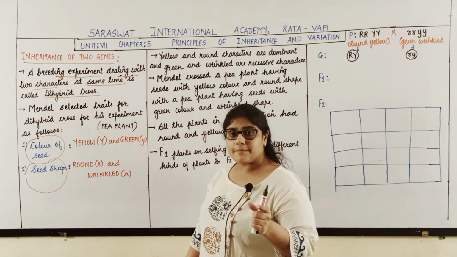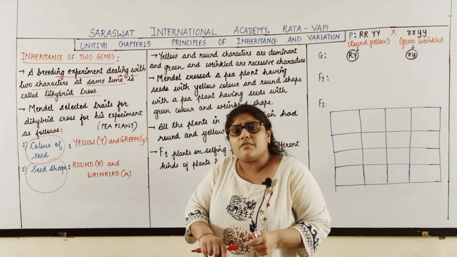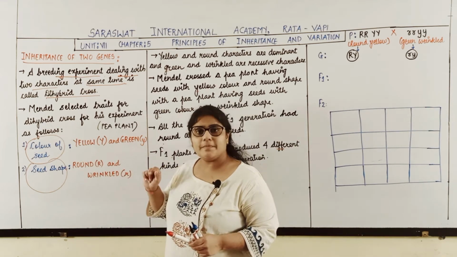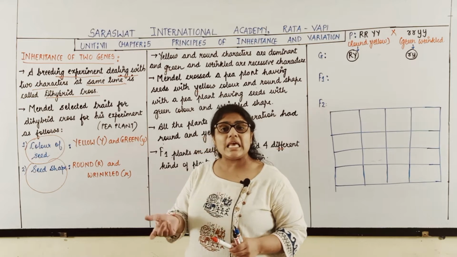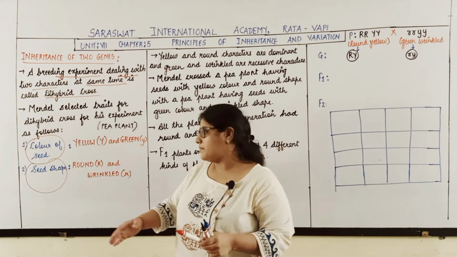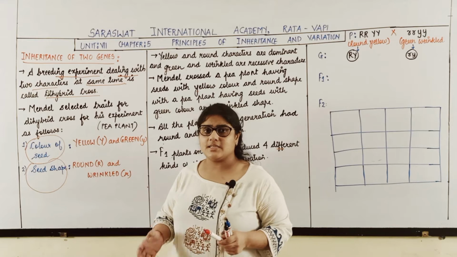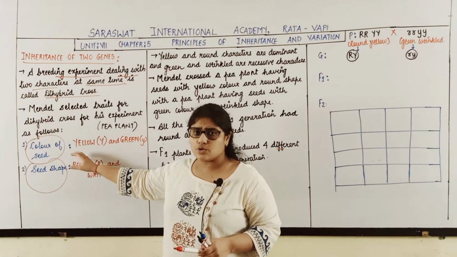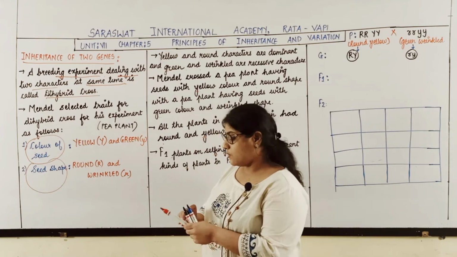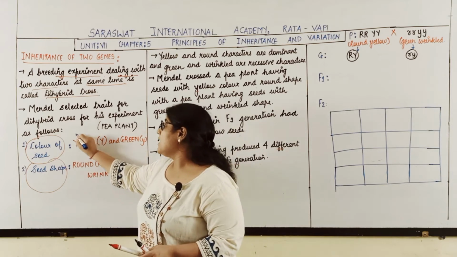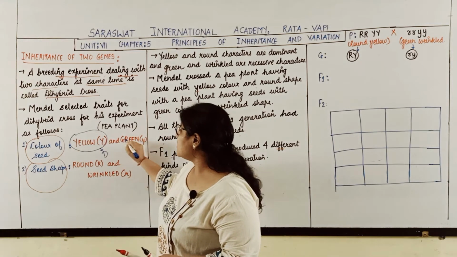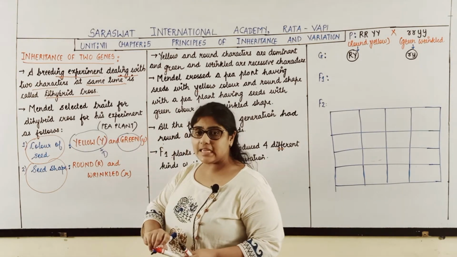Now students, Mendel had already performed monohybrid experiments for these two characters. From his monohybrid experiments, he found that yellow color was dominant over green color.